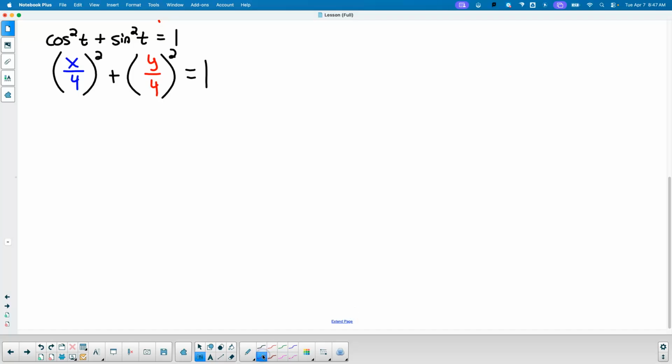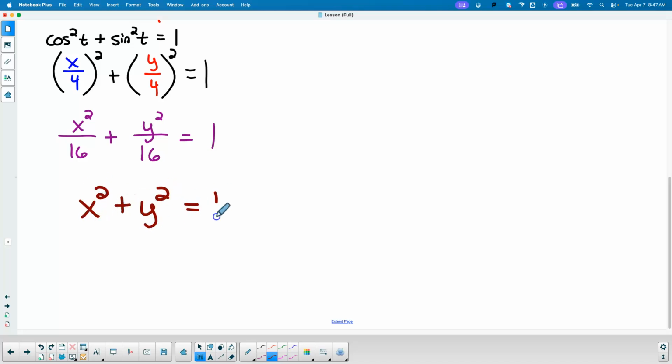Which would then give me x squared over 16 plus y squared over 16 equals 1. And if I multiply every term by 16, I get x squared plus y squared equals 16, which is the equation of a circle centered at the origin with a radius of 4.